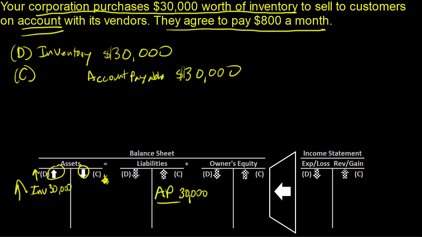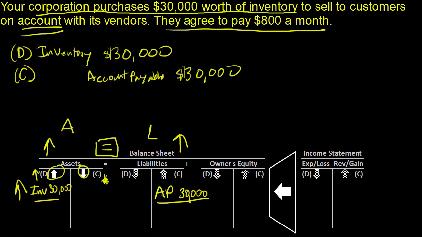This AP 30,000 corresponding to this inventory increases our liabilities and this increases our assets. And the equation is still in balance. Our assets are going up by 30,000 and our liabilities are going up by 30,000. Nothing else has changed. So the world is in harmony. We followed all the rules, and this is how we would have this journal entry.